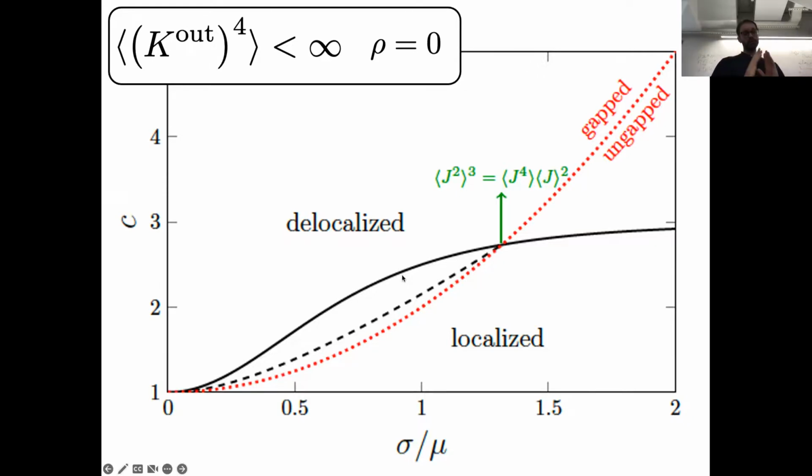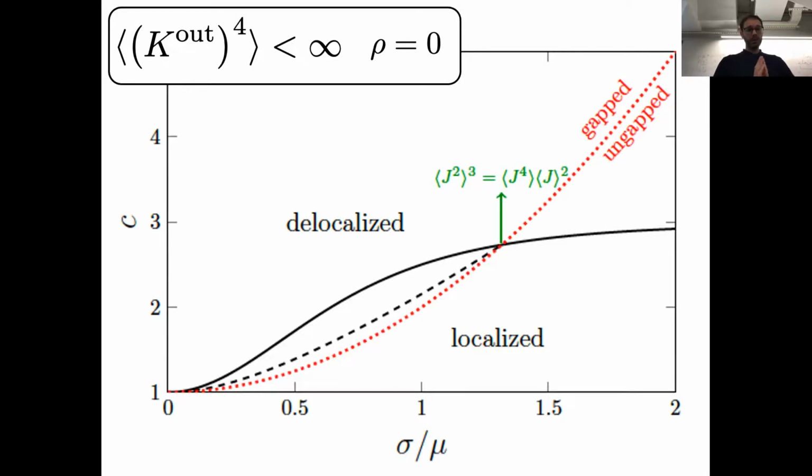So degree fluctuations are irrelevant for localization in this model, except if the 4th moment diverges. But if the 4th moment is finite, localization is independent of degree fluctuations, which is, I think, maybe not so obvious, at least not to me.